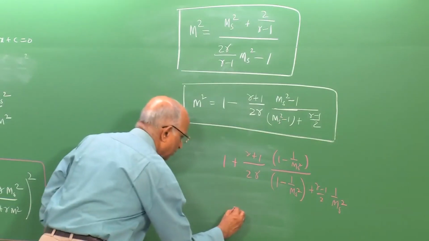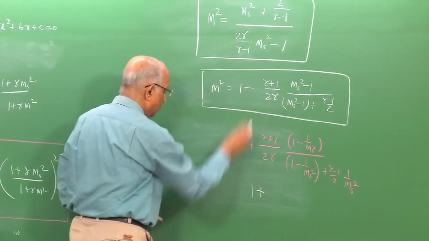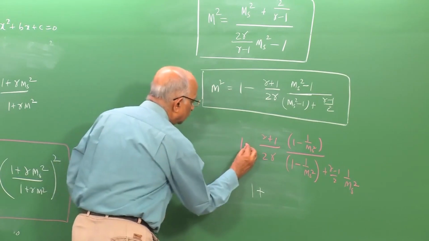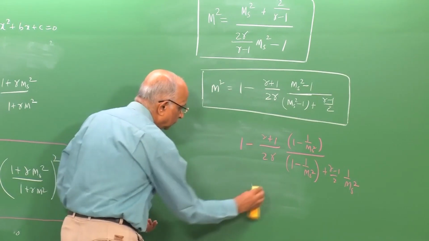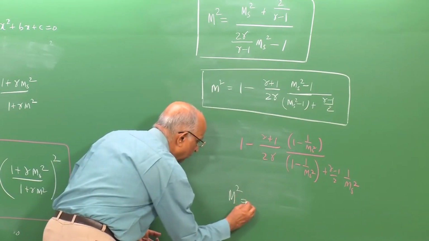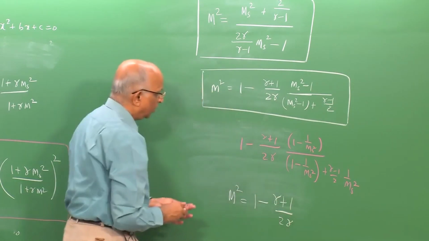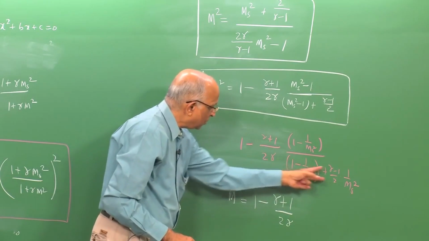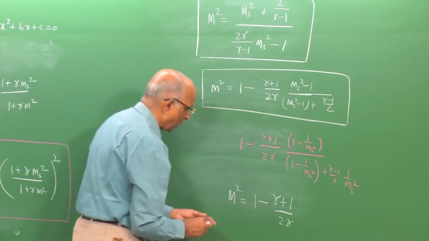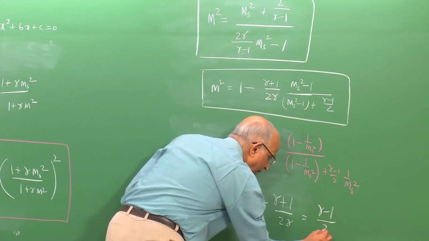I get the value of M squared equal to 1 minus gamma plus 1 divided by 2 gamma, mind you, this is minus over here, because this becomes 0, this becomes 0, this becomes 0. 1 by 1, 1 minus gamma, and this becomes 2 gamma minus 1, that is equal to 2 gamma minus gamma, that is gamma minus 1 divided by 2 gamma.